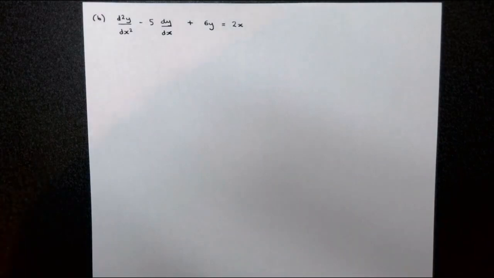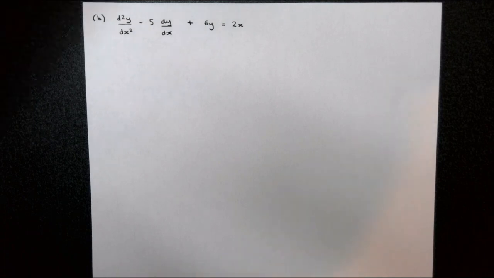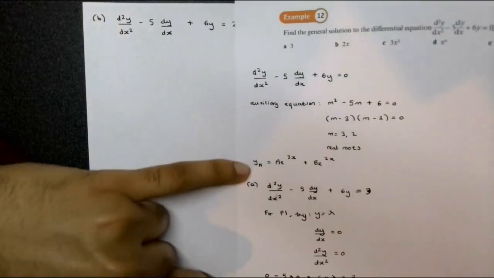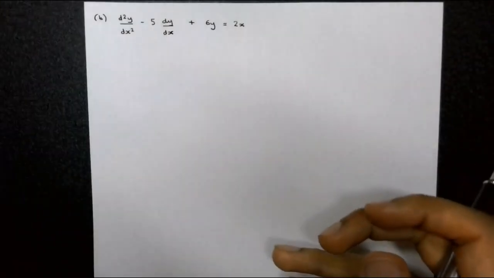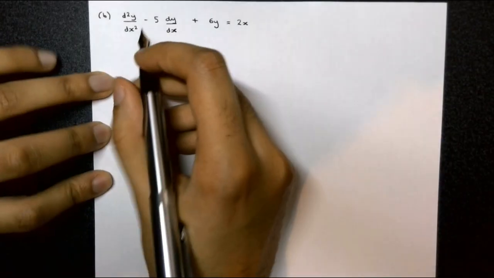For part B of the question, we're solving the differential equation d squared y over dx squared minus 5 lots of dy over dx plus 6y equals 2x. Now, of course, we've already found our complementary function. That's over here. So now we need to find the particular integral.